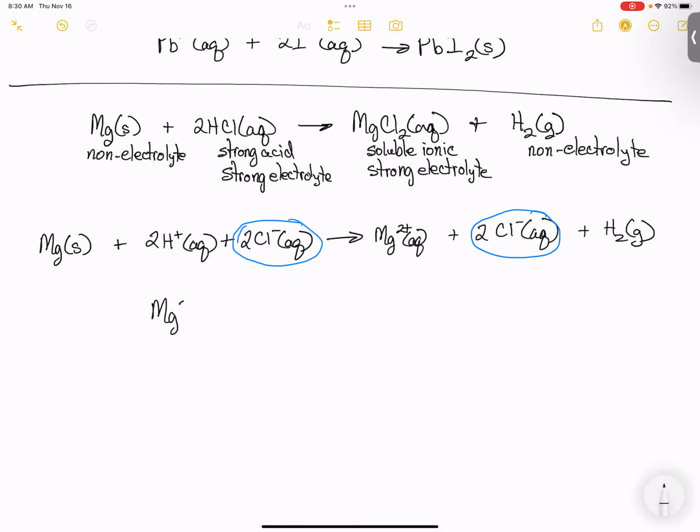So the net ionic equation is magnesium solid plus 2 hydrogen ion aqueous goes to magnesium ion aqueous and hydrogen gas.